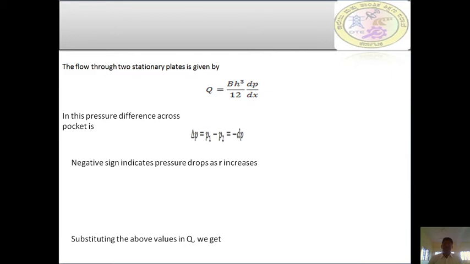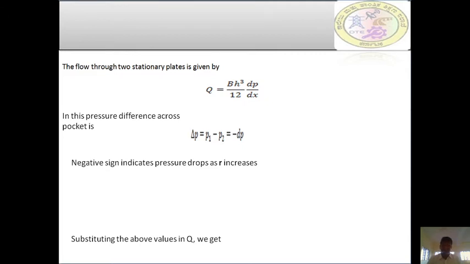In this pressure difference across the pocket, delta P equals P1 minus P2 equals minus dP. The negative sign indicates that the pressure drops across the bearing surface as the radius keeps increasing. Hence delta P equals minus dP.